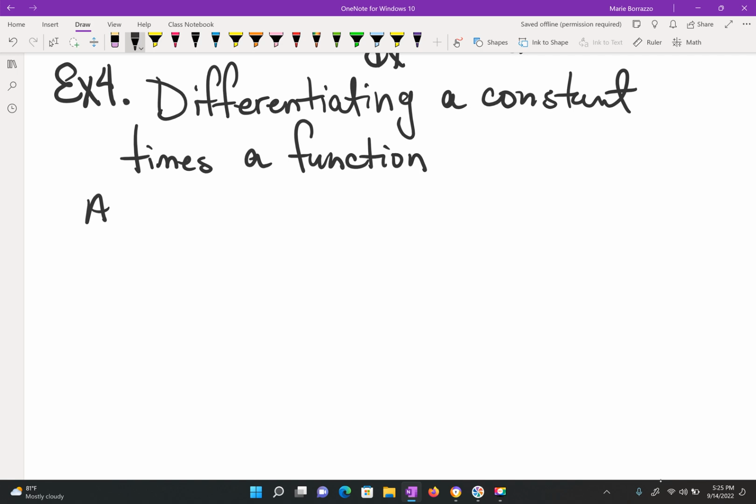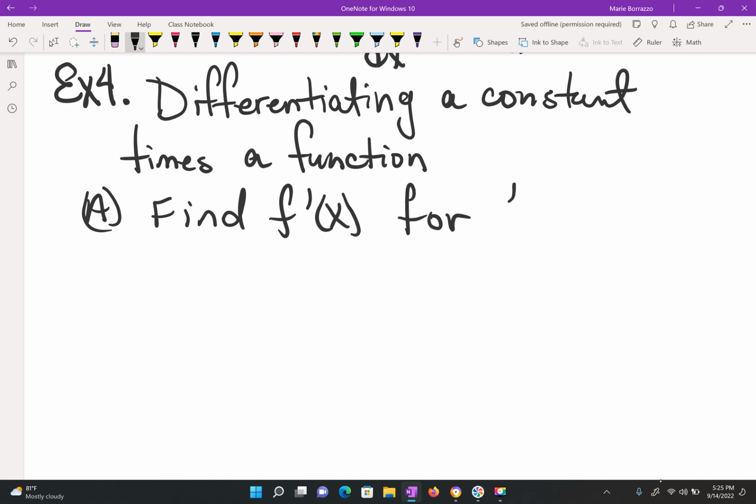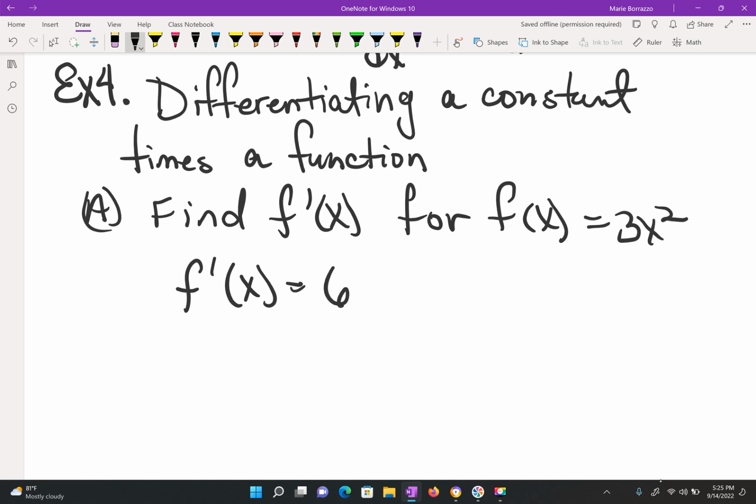In example A, they're saying find the first derivative for f of x is equal to 3x squared. This is exactly what this theorem talks about. That first derivative is simply 6x.